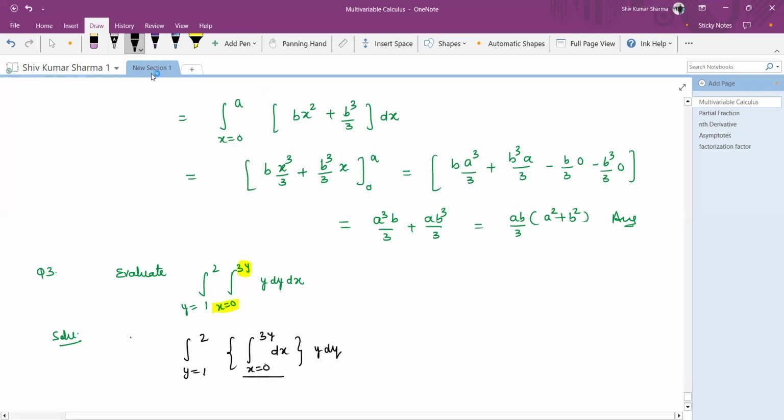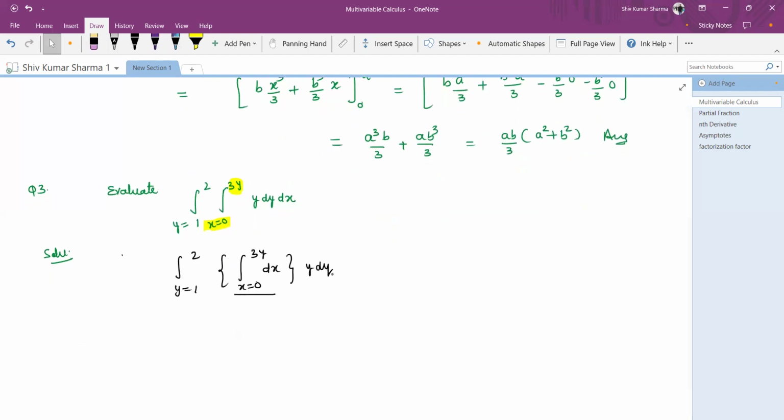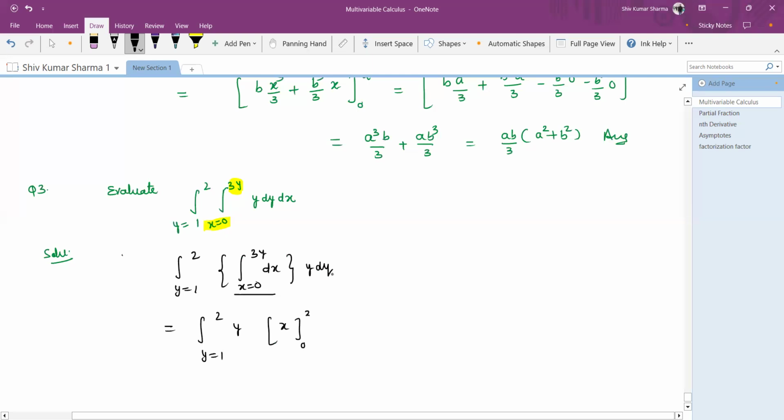So we do the integration, y equal to 1 to 2. We write y on this side. What is the integration of dx? The integration of dx is x, and we put the limit 0 to 3y into dy.